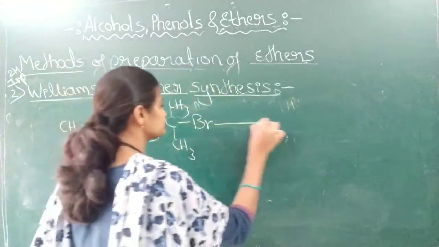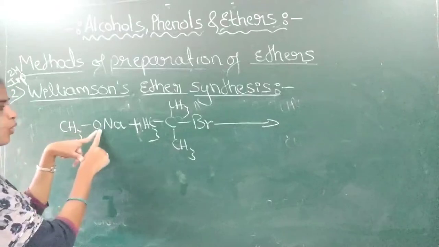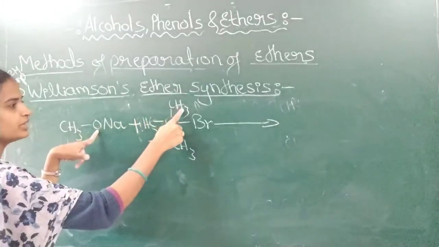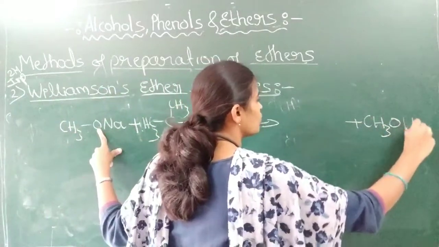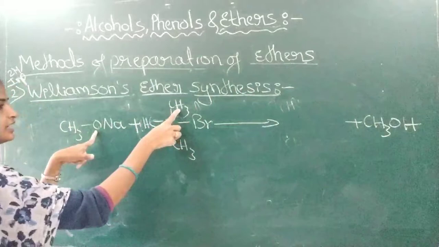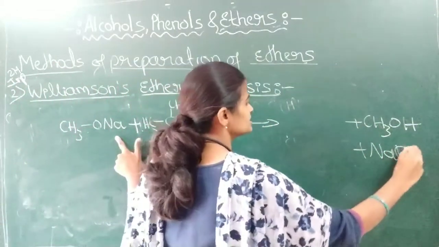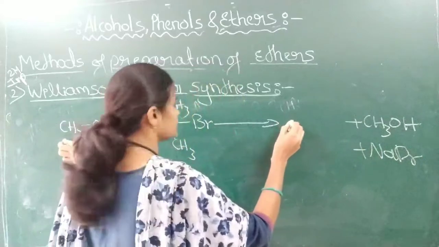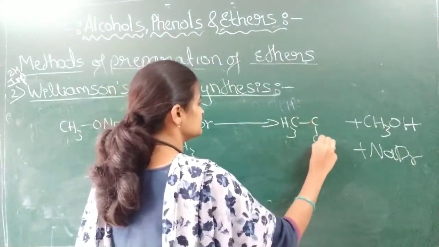Then what happens? One of the H from here will get eliminated as CH3OH. CH3OH will get eliminated here, and NaBr will also be a side product. So then what is remaining here? CH3, CH3.